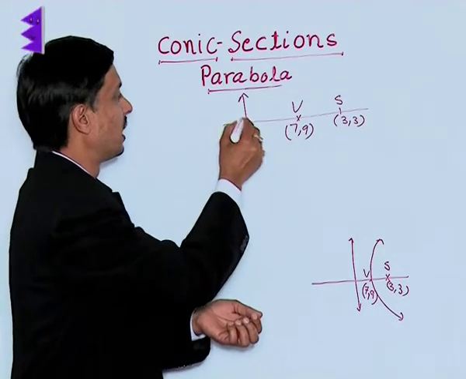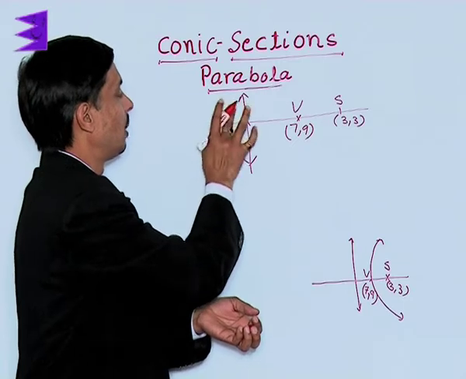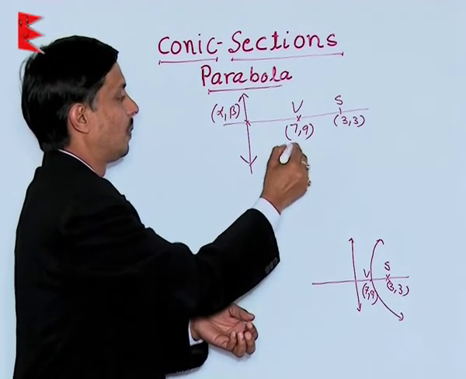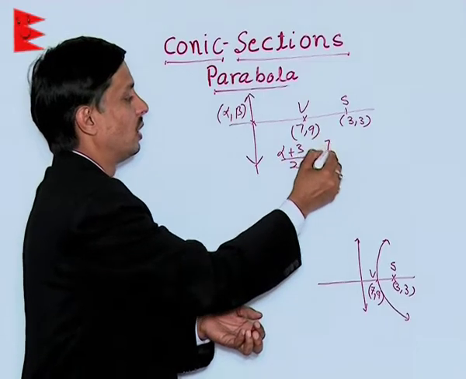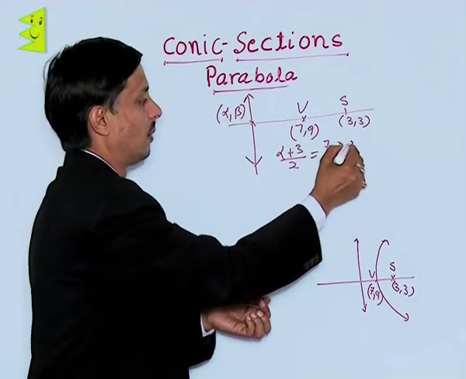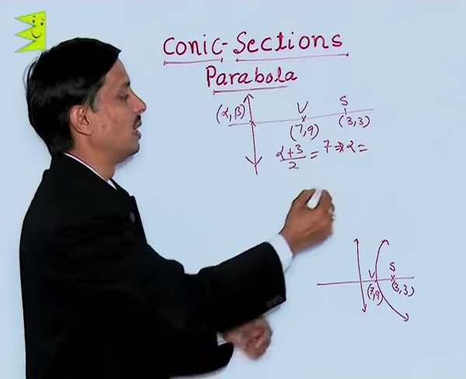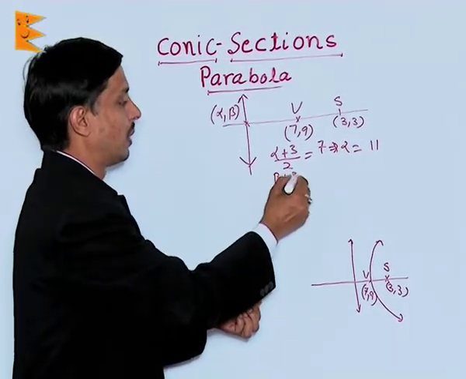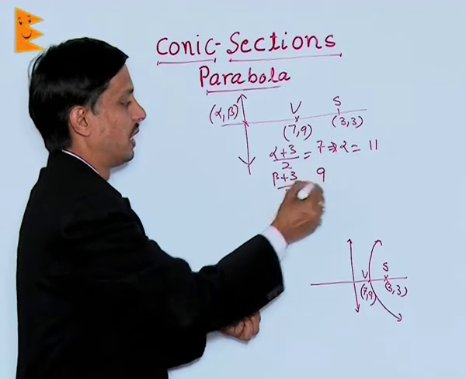So if the coordinates are a comma b, or you can take alpha comma beta, then (alpha plus 3) upon 2 is 7. So this implies alpha will come out 14 minus 3, that is 11. And (beta plus 3) upon 2 is 9.